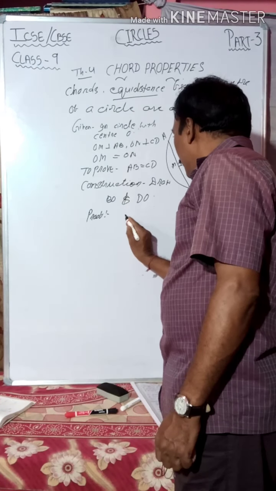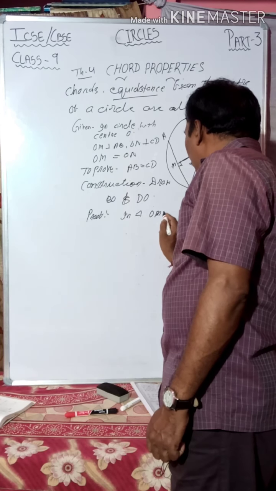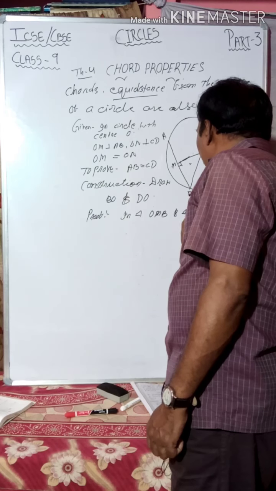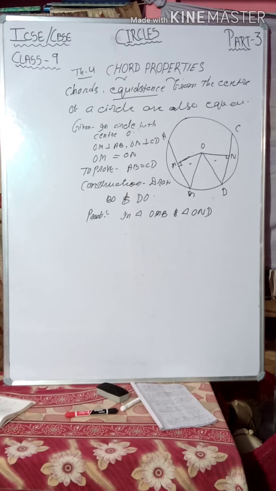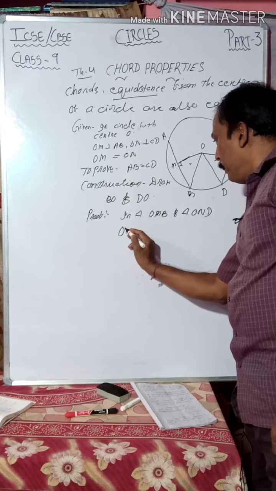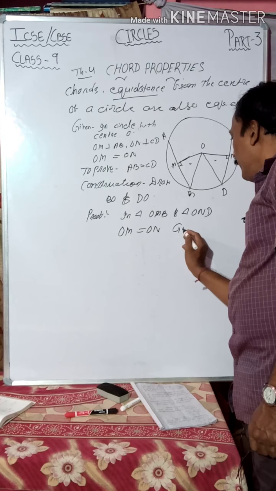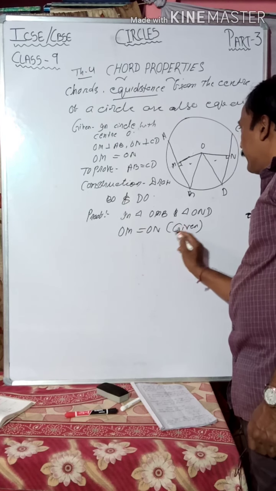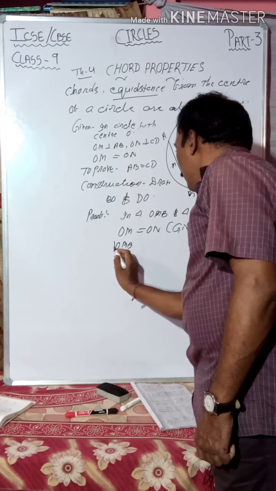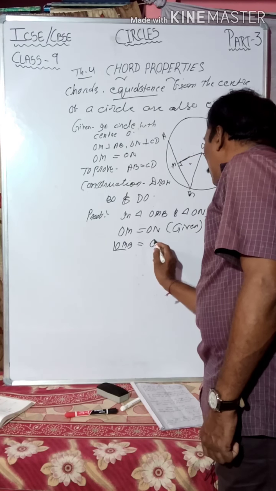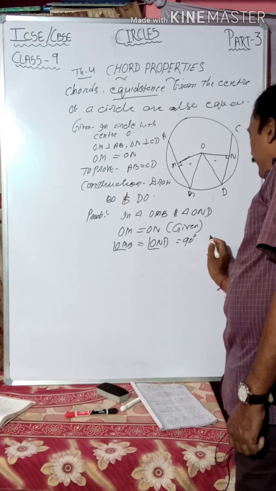So in triangle OMB and triangle OND: first, OM is equal to ON, given. Second, angle OMB is equal to angle OND, that is equal to 90 degrees, also given.